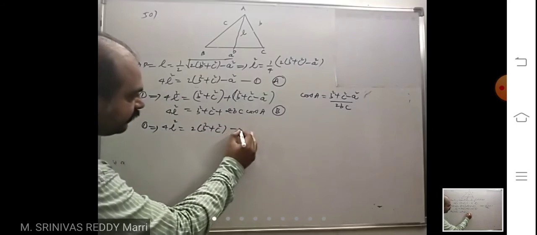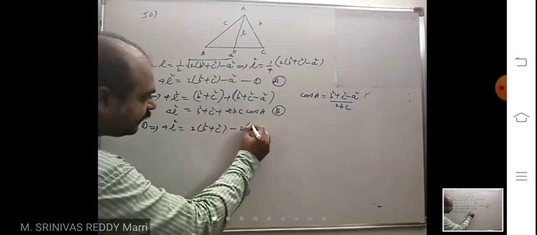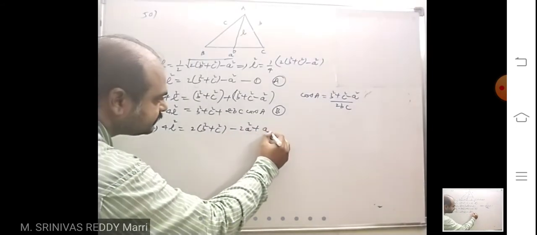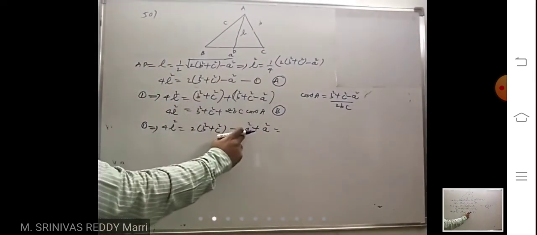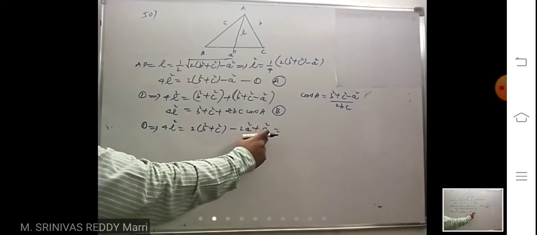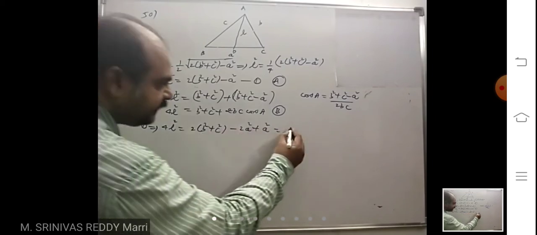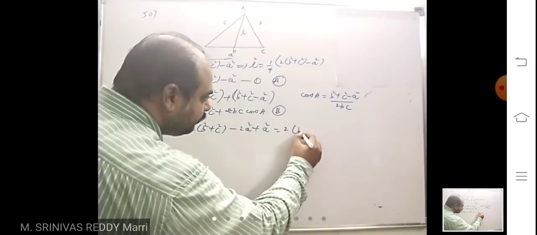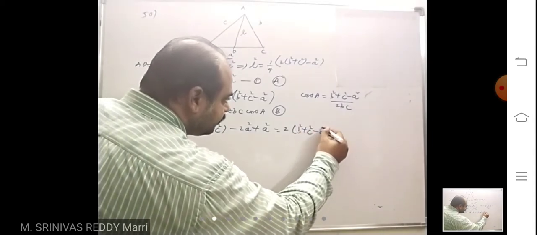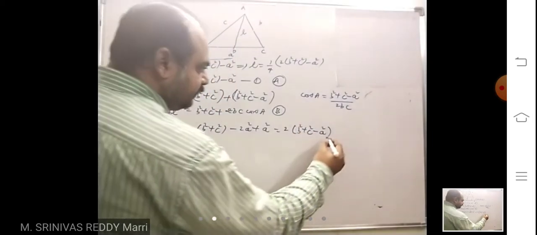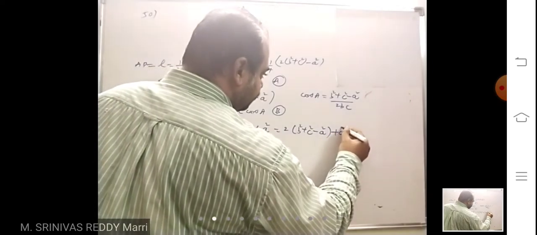Now minus a square I am writing as minus 2a square plus a square. Now I am taking 2 common: b square plus c square minus a square plus a square.